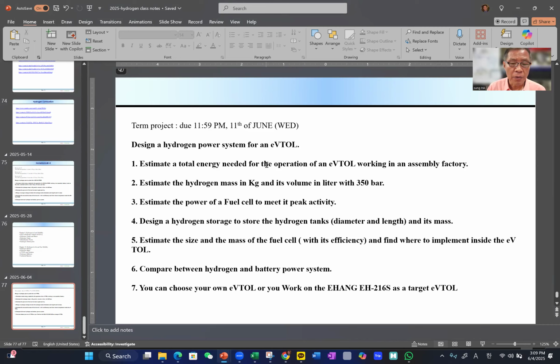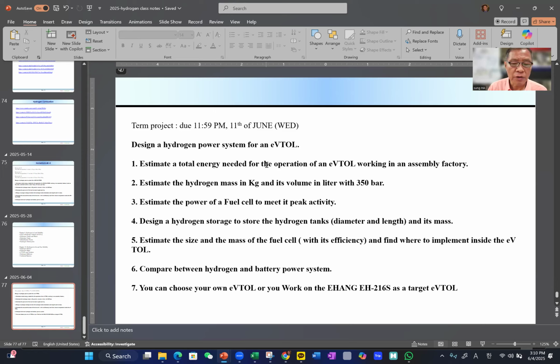The reason why we are focusing on the humanoid and eVTOL is because these two industries are really emerging, futuristic applications, to which we as mechanical engineers can contribute. And also, there will be a lot of job opportunities. So I'd like to get you familiar with this industry, and especially how to design the energy system.